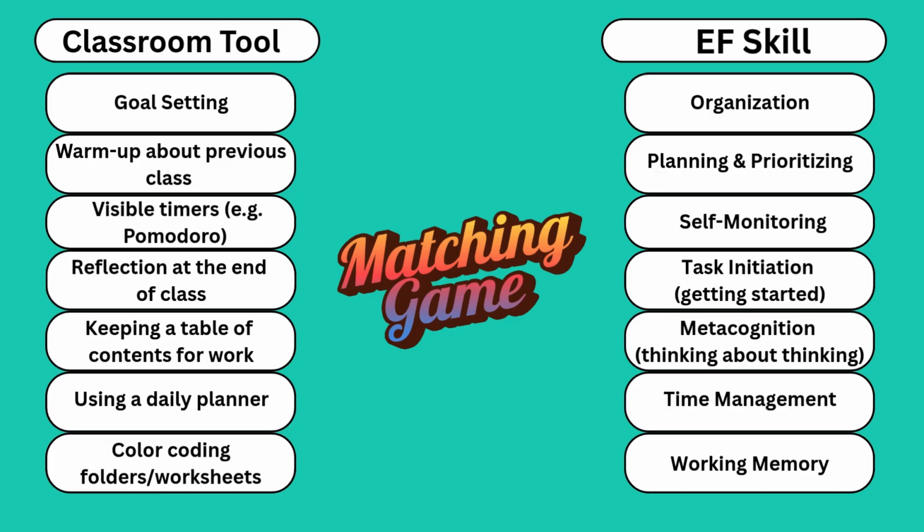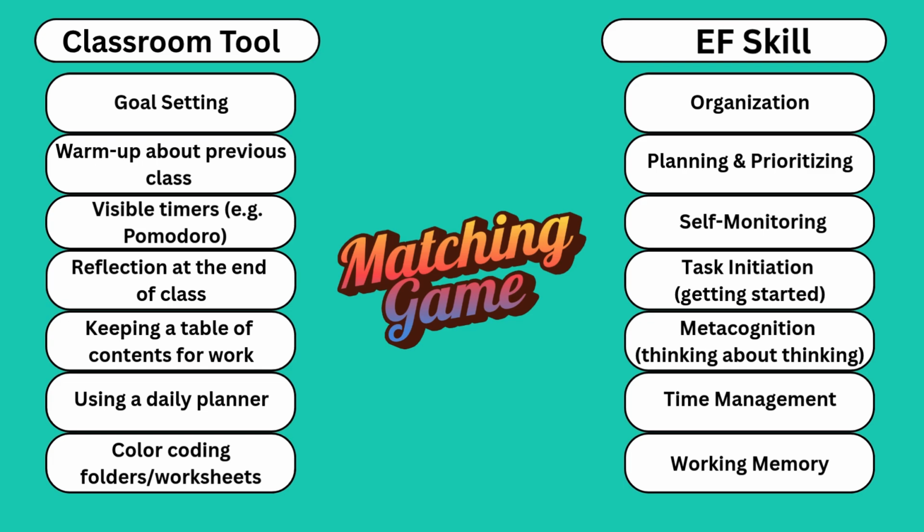But let's just start thinking about how these tools that we give students actually help them build these skills. So, for example, the last one, color coding folders and worksheets. Using different colors for different subjects or different purposes can actually create an encoding in your brain about the purpose and how to organize.